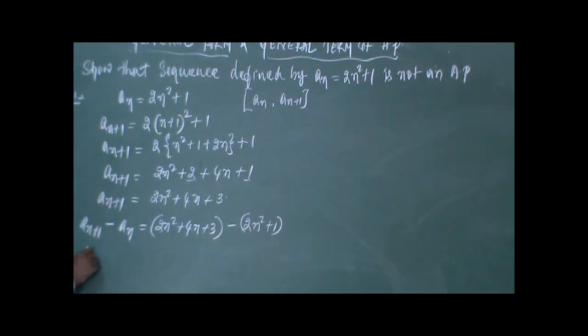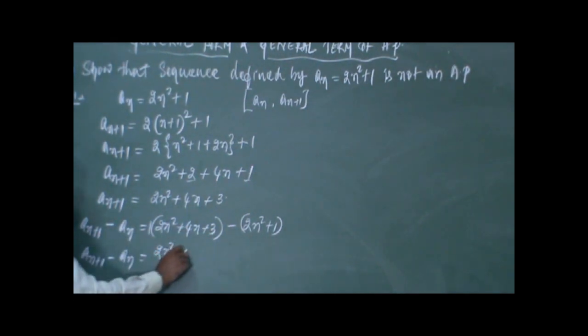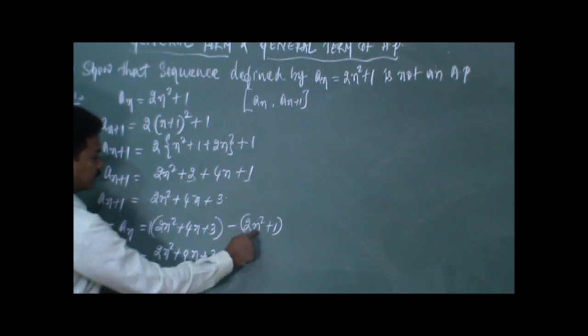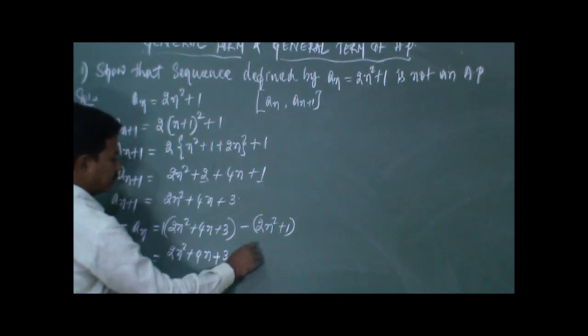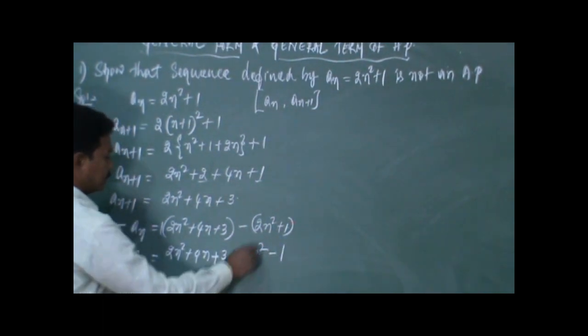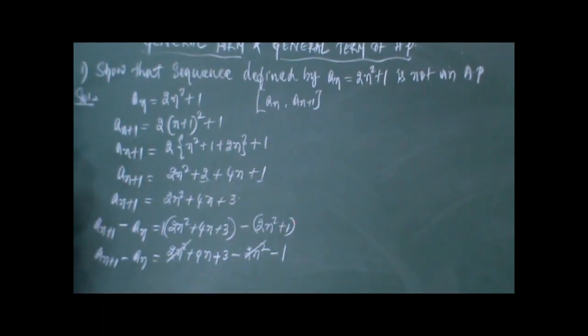So a(n+1) minus a(n) is equal to 2n² + 4n + 3 minus 2. Minus into plus 2n² is minus 2n², minus into plus 1 is minus 1. So minus 2n² plus 2n² cancels.